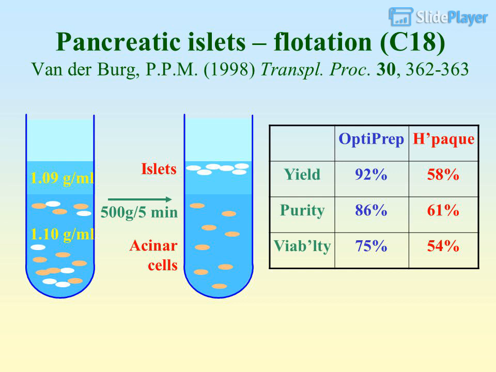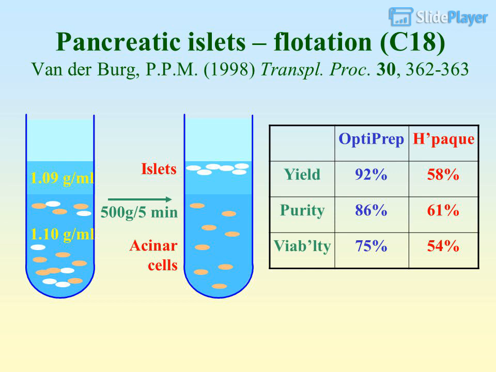Islets, acinar cells. OptiPrep versus PEG: yield 92% versus 58%, purity 86% versus 61%, viability 75% versus 54%. 500 g for 5 minutes.